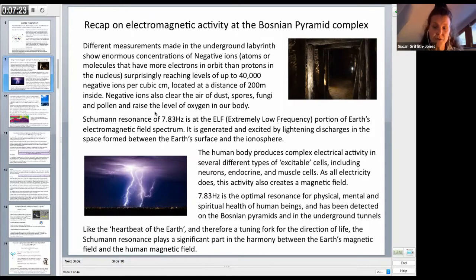And as we know, this is also the natural frequency of the Earth's magnetic spectrum. So if we can be in an environment where this frequency is present, it's very, very beneficial to our overall well-being. Because this frequency of 7.83 has been detected on the Bosnian pyramids and in the underground tunnels, this is where we can recalibrate our whole system.